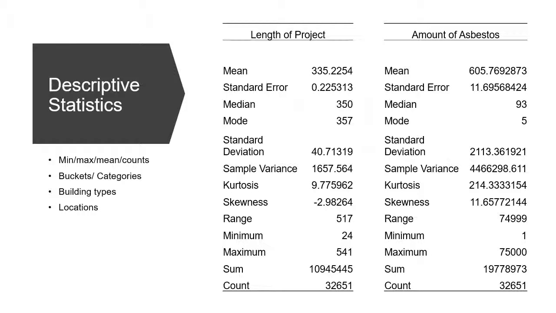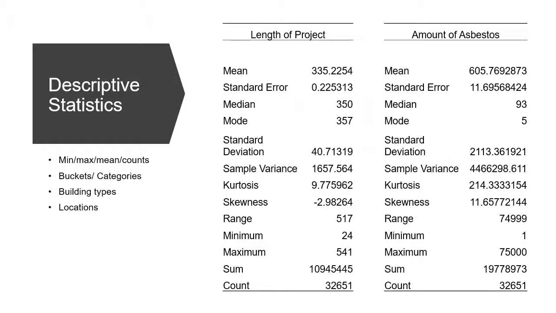As you can see here, we have descriptive statistics on those 2 measures, the length of the project and the amount of asbestos. On average, the length of these projects was around 335 days, so about a year. The average amount of asbestos was about 605 square feet, but as you can see in the standard deviation of 2,113 square feet, there was a lot of variance in the amount of asbestos in the 32,651 cases.